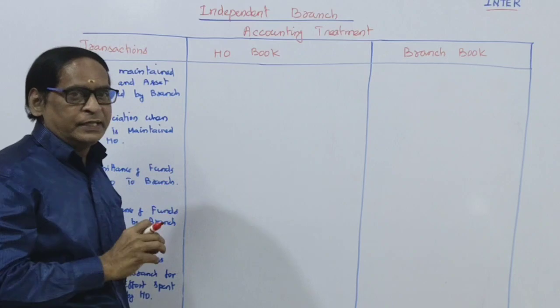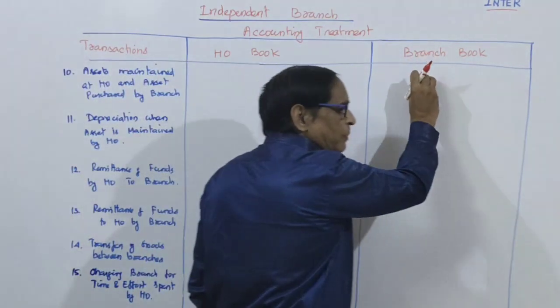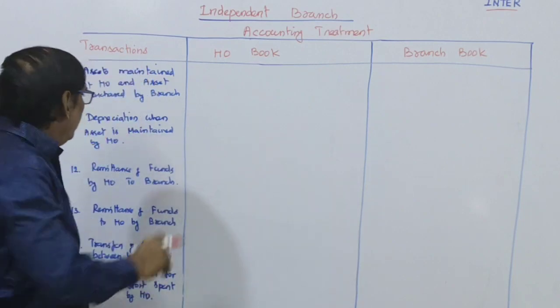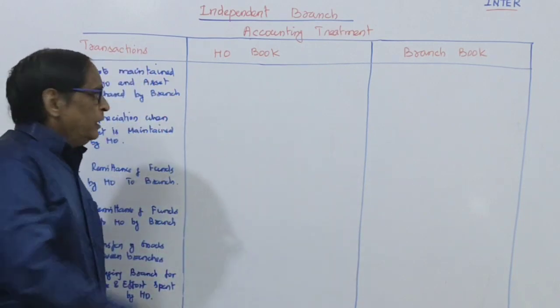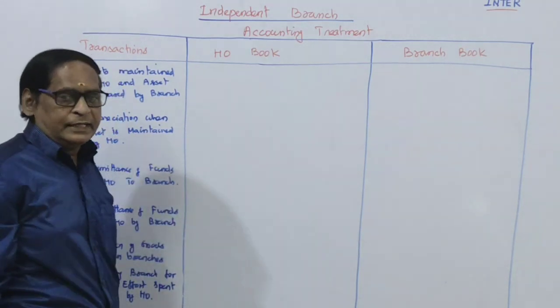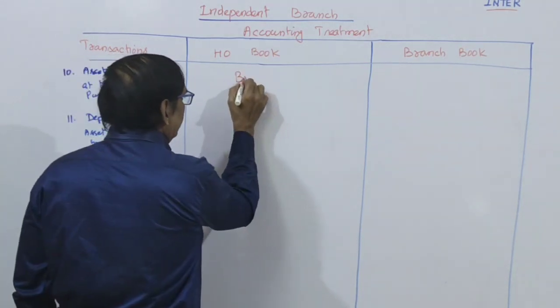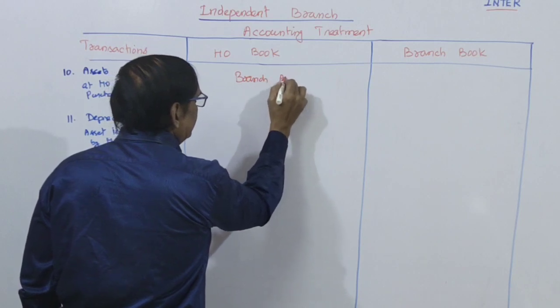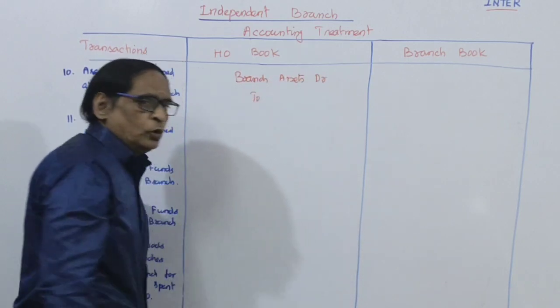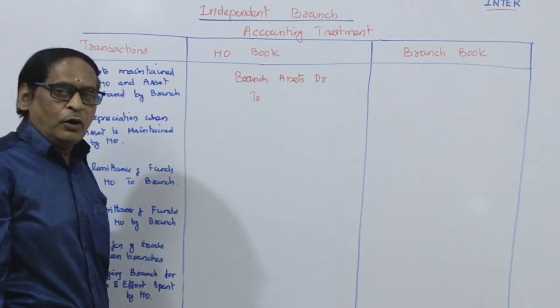In these circumstances, if the assets are purchased by branch, what will be the journal entry in head office book and branch book? Here, instead of assets, it will be treated as branch assets. So branch assets debited in head office book, branch assets account debit to branch, who has paid that amount.